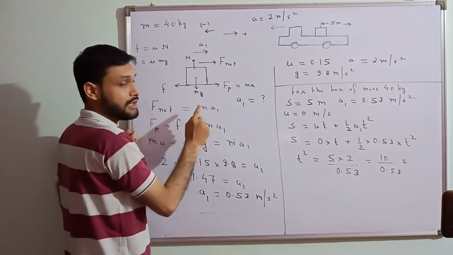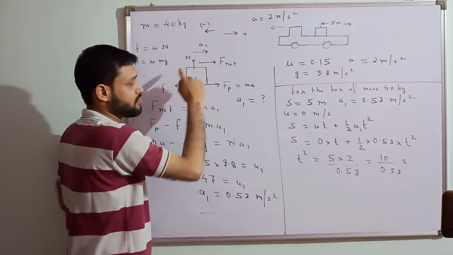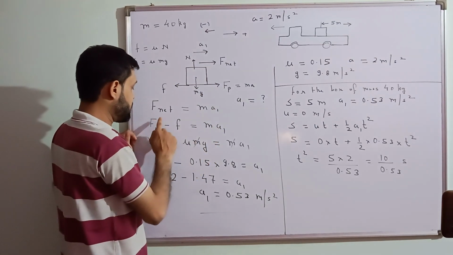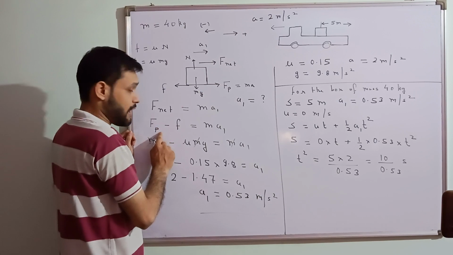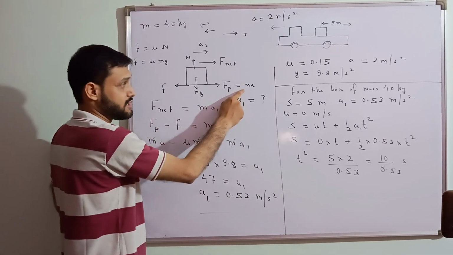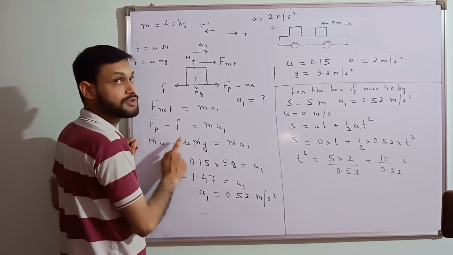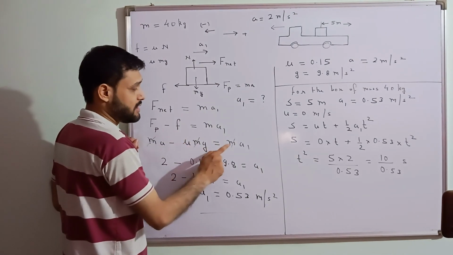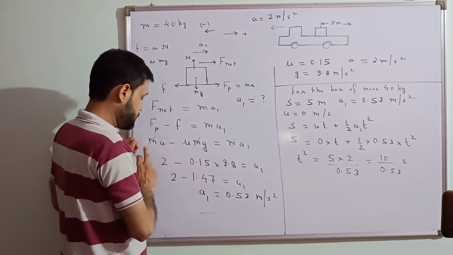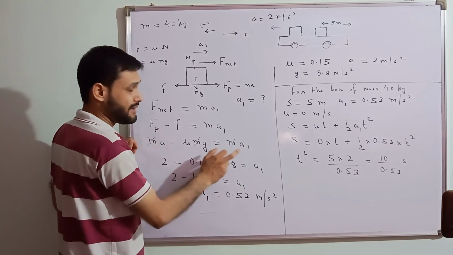We know F net is equal to mass into acceleration. This will be the acceleration of this small block, A1. Now you can see F net is equal to Fp, the pseudo force, minus friction. Pseudo force is m into a. Friction is mu times mg, equal to m into a1. This is what we are getting. Now put the values over here. Mass will get cancelled out.